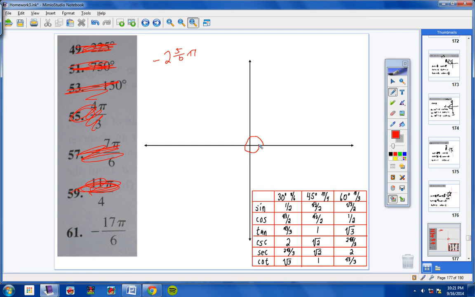Now, that's definitely going to be more than a half. Okay, so we're going to go like this. So we rotate 2, and then we rotate a half a pi. Okay, and then this is going to be not quite to 3/4.